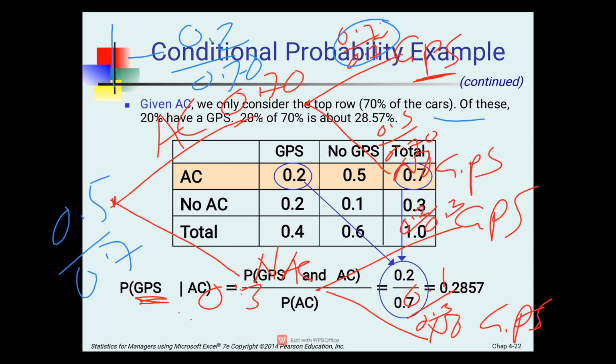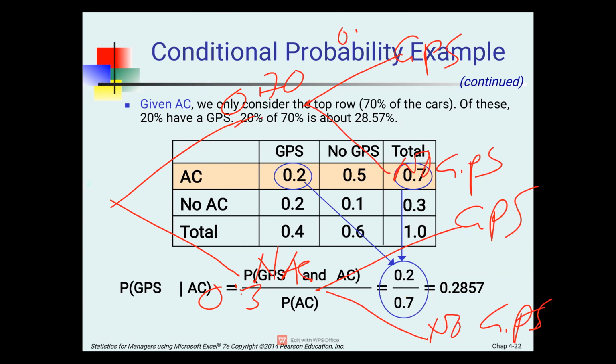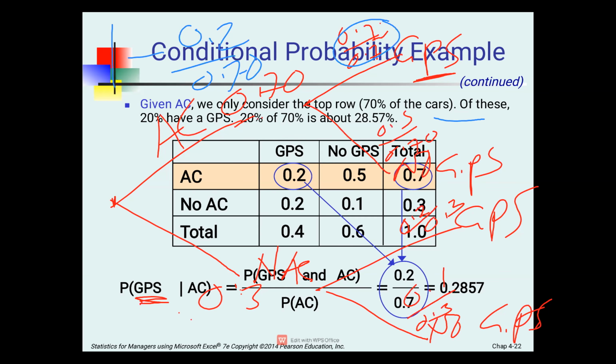Then again, you ask yourself about this root. Now you're done with the first tree, and you come to this other tree. To find the probability that a car has GPS, given that it has no AC, you have to solve for that.